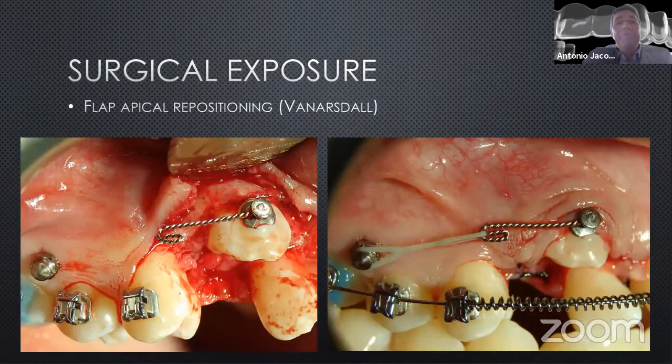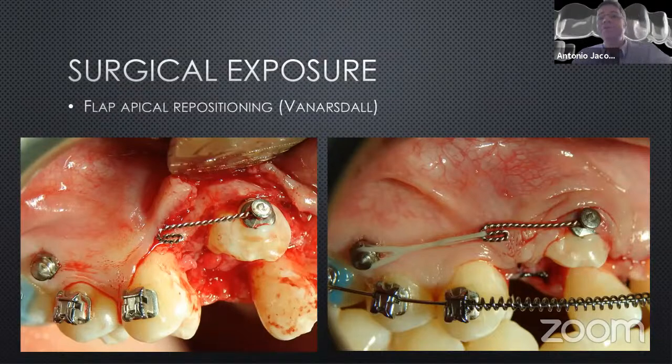So about surgical exposure, we always have the flap closing technique, but in some cases where the canine is too low in position, we can use this technique of Professor Vanarsdall, where he uses an apical repositioning flap.